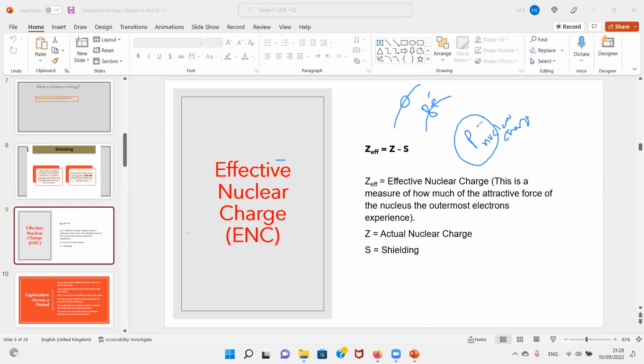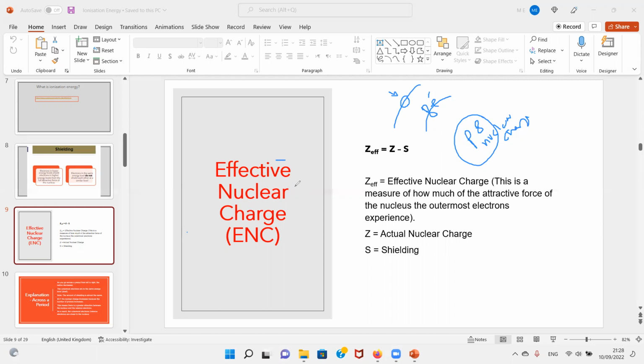So this outermost shell electron doesn't see the full 8 or 9 positive charges. Is that okay? So that's why we have this new terminology, effective nuclear charge. So what's effective nuclear charge?